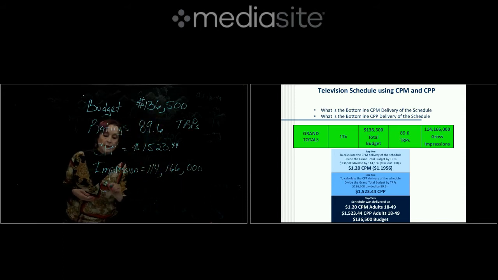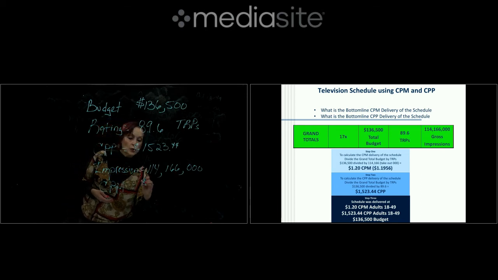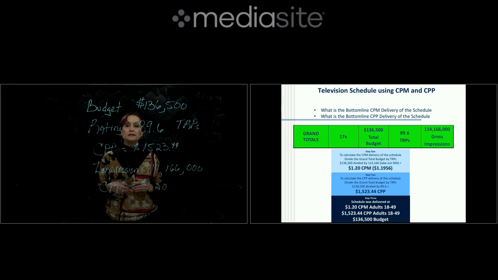And your CPM, you delivered this schedule at $1.20 rounded. Important to note that when you report total impressions delivered in a schedule, you basically report the entire number because you're reporting on the actual people that you have reached, perhaps more than one time. So it includes duplicated audience.